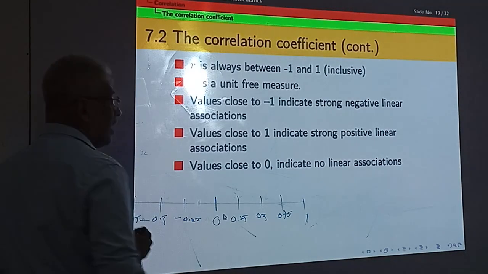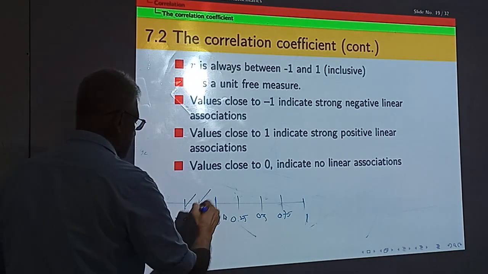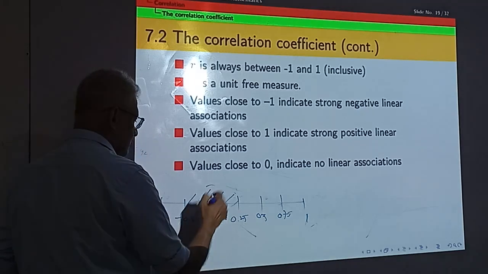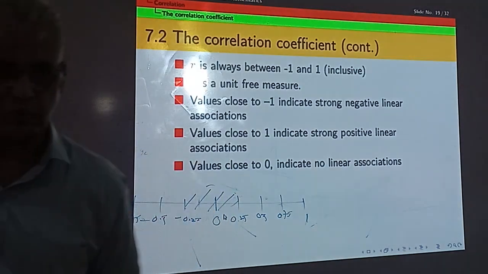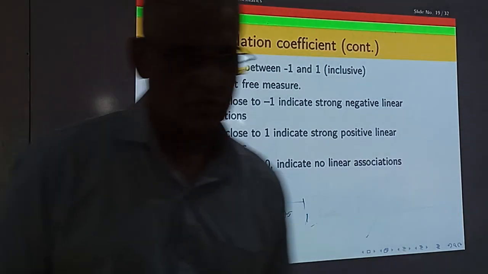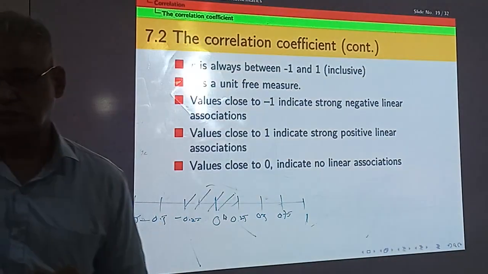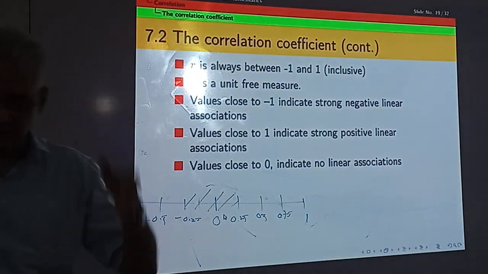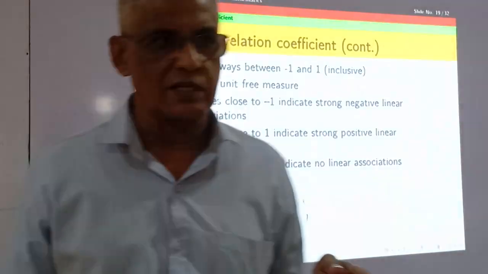If your R value is between these two numbers, including 0 but close to 0, then usually you say there is almost no linear relationship. Right. Theoretically, if R is exactly 0, that means there is no linear relationship.